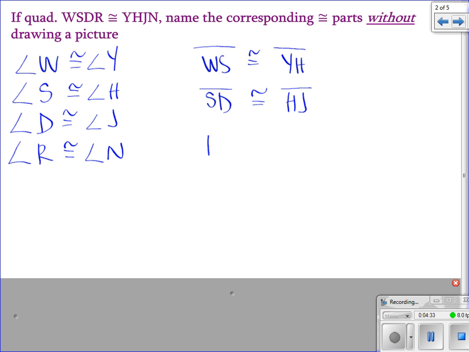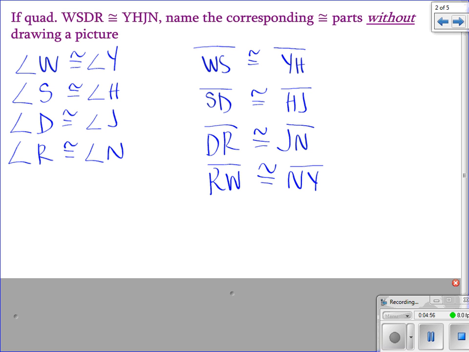Side DR, congruent to JN. Then let's think about what the last one would be. Remember that it's named in a circular fashion, so it's going around the polygon. RW, congruent to NY. So we're able to say what parts are congruent to each other simply based on this congruence statement right here. This is called a congruence statement. They're going to ask you to write those in the homework.